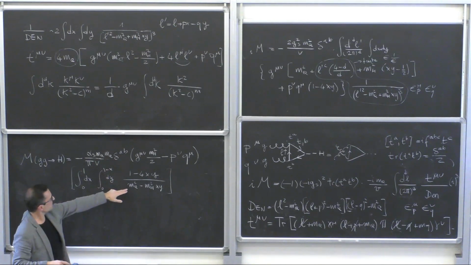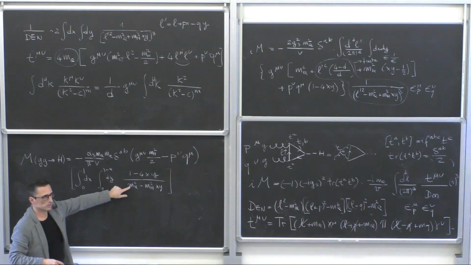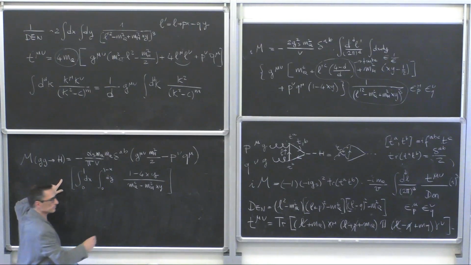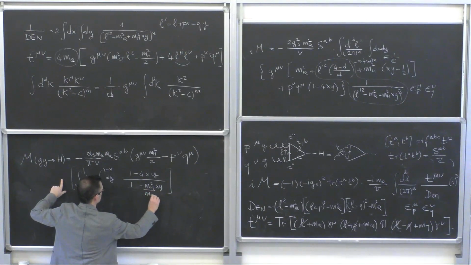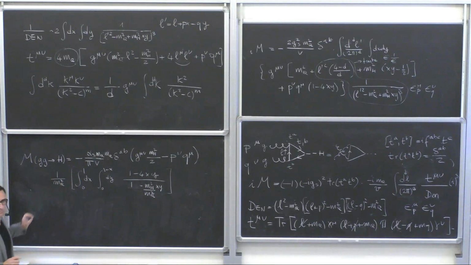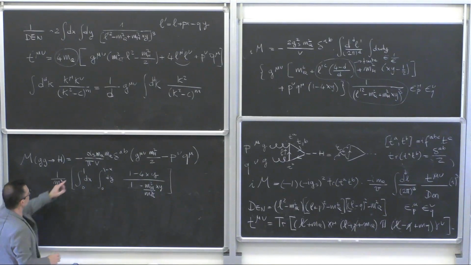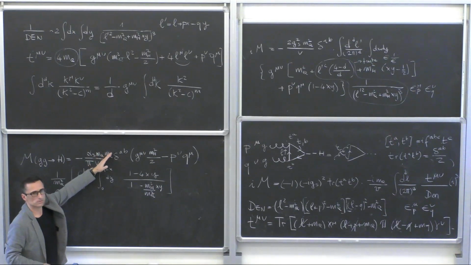Now, if I look at this integral here, I can take this M_Q out and put it here, and then, if I don't make any color difference, I cancel it.